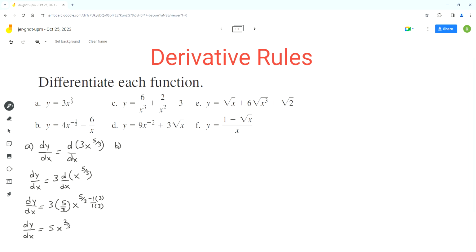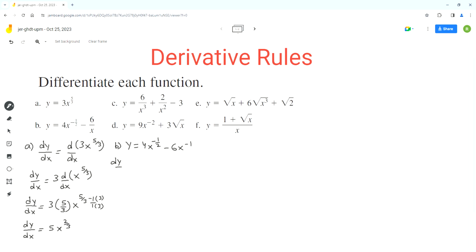In part B, the first step is to rewrite the expression by moving the x from the denominator to the numerator. So we get y equals 4 times x to the power negative half minus 6 times x to the power negative 1. Now we can find the derivative.